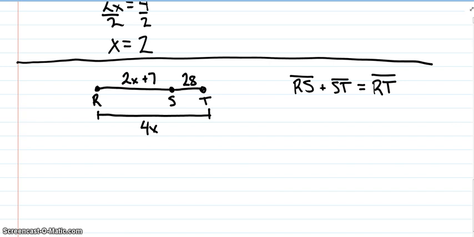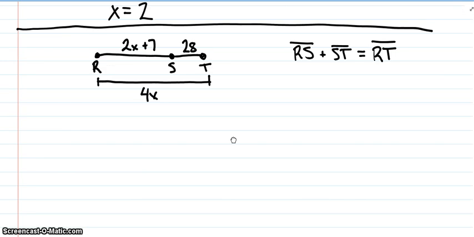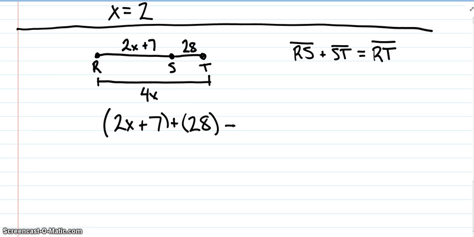So RS is 2x plus 7. ST is 28, so we're going to plug that in. Computer's being slow today. And that's going to equal the whole thing, which is 4x.